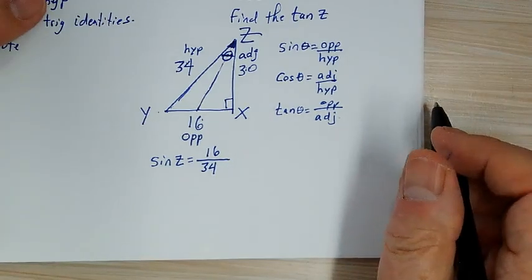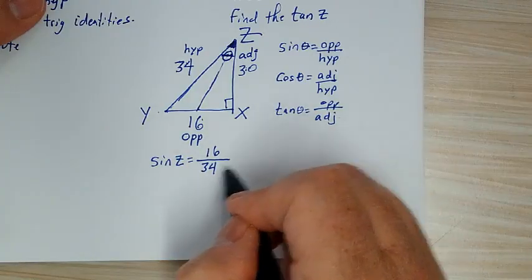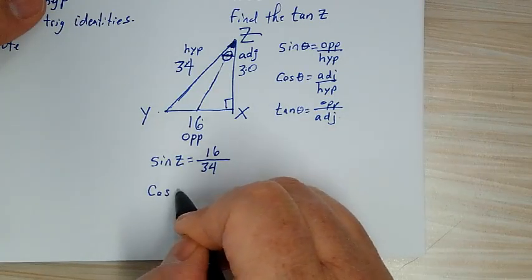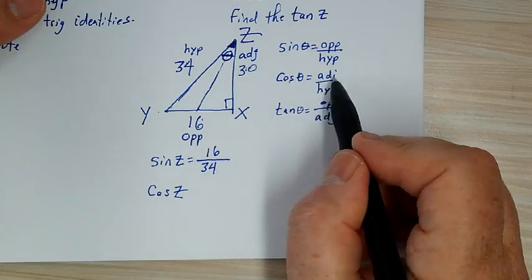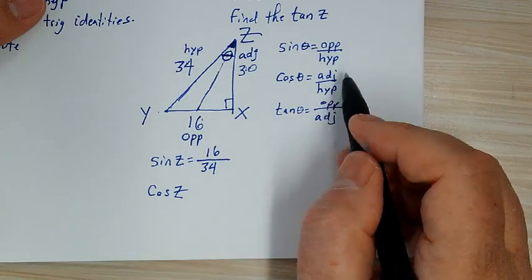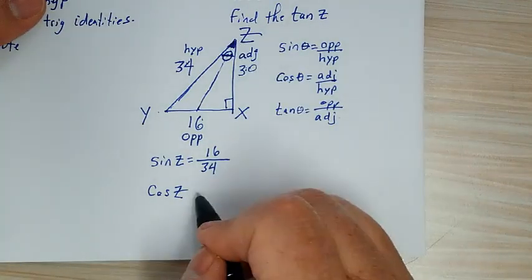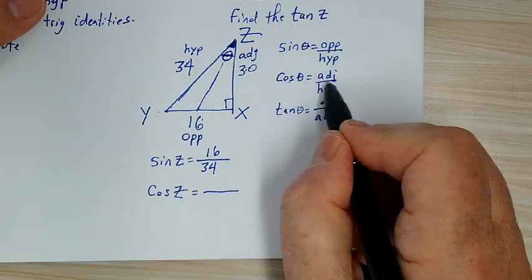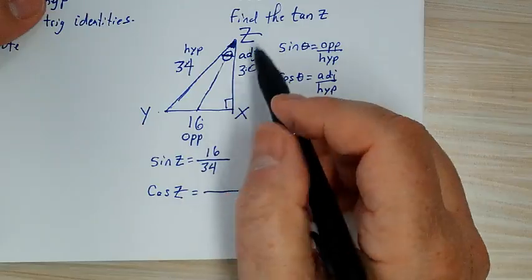Then we could do the cosine. Remember, the cosine of any reference angle is the adjacent side of that angle over the hypotenuse. So the cosine of z, being the reference angle, is the adjacent over hypotenuse. Which side is the adjacent? Well, that's the hypotenuse, that's the opposite, so that's the adjacent.